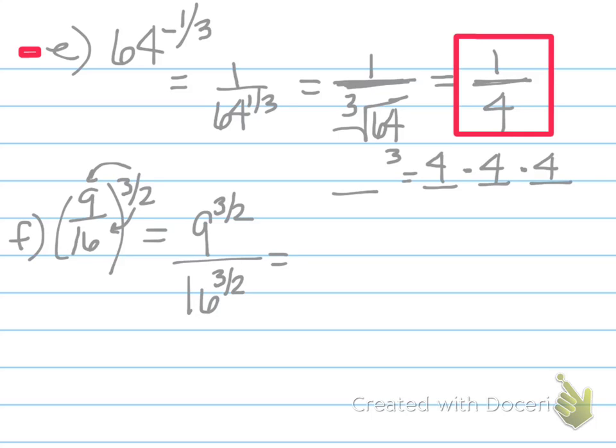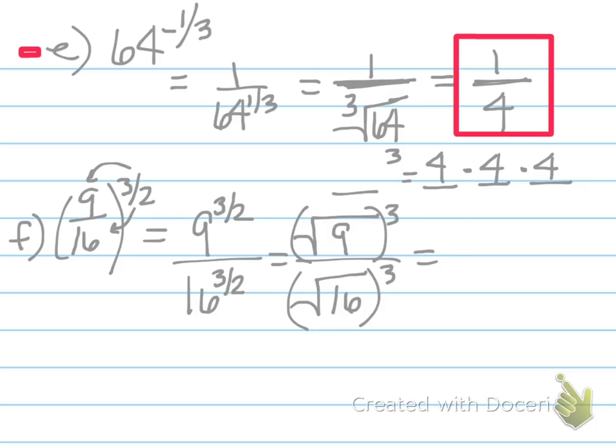And then using rational exponents, this becomes the square root of 9 to the third power over the square root of 16 to the third power. So calculating this, the square root of 9 is 3, to the third power, over the square root of 16, which is 4, to the third power.